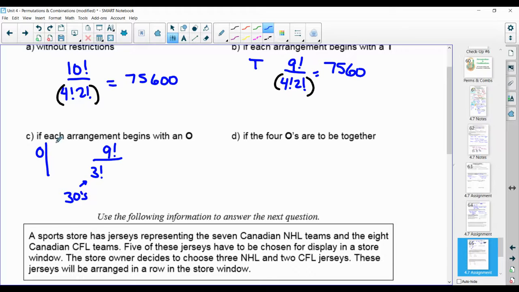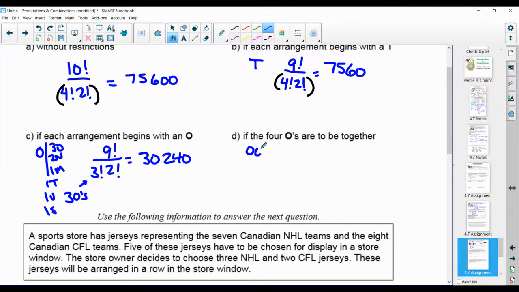So we took out the O, that left us with 3 O's, 2 N's, 1 M, 1 T, 1 U, and 1 S. So there's our 9 letters, 3, 5, 6, 7, 8, 9. But of those 9, only 3 of them are O's now. And then we have 2 factorial, and so that gives us a total of 30,240.